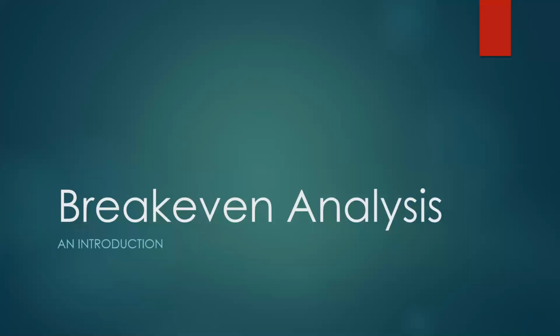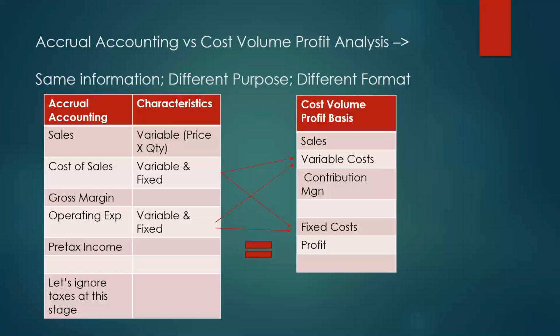So break-even analysis, an introduction. Basically, we're going to compare briefly accrual accounting and its characteristics to CVP, cost volume profit analysis. Under accrual accounting, sales is variable, obviously. If you go to Costco or Walmart and buy one bottle of water and it costs $2, it's going to be $2.